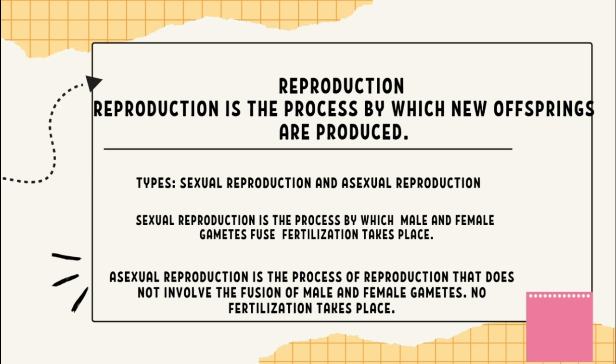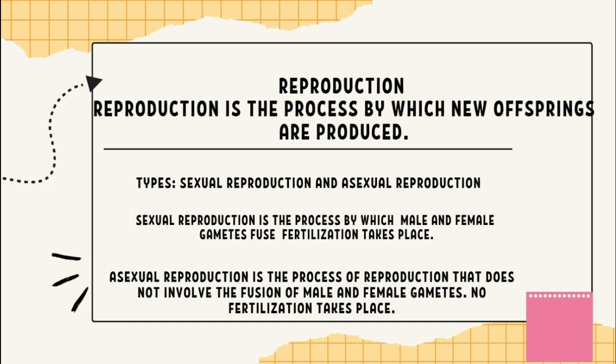One example of an organism that can reproduce asexually is plants. Plants don't need 2 separate genders, or any gametes to fuse, in order to have offspring, in order to have new plants being produced.